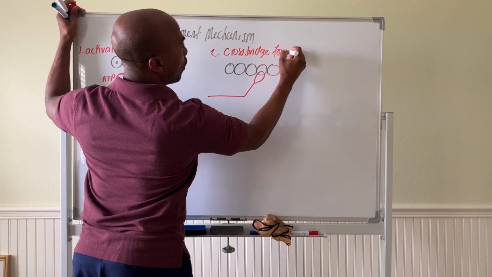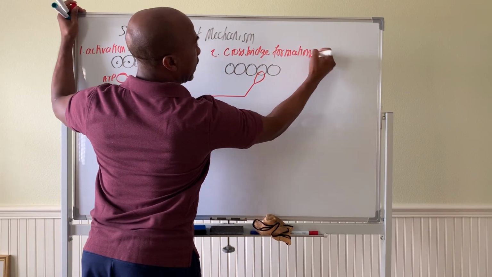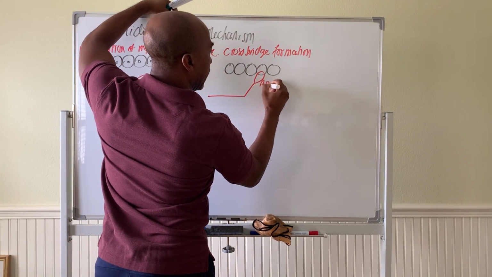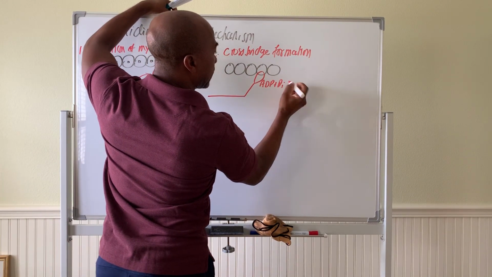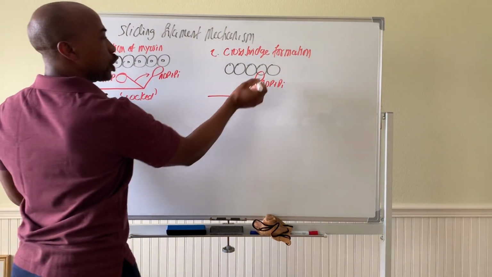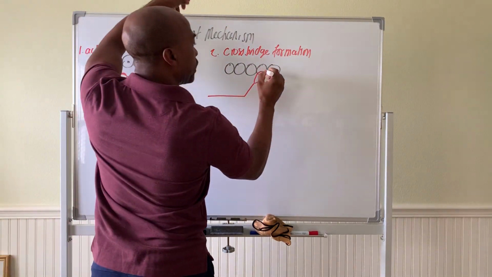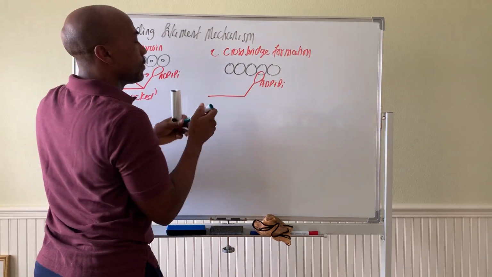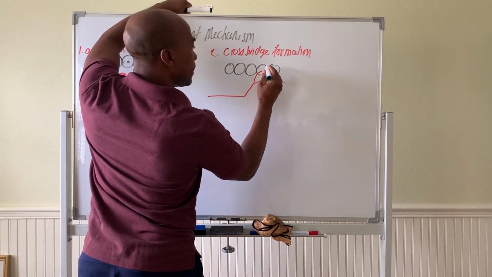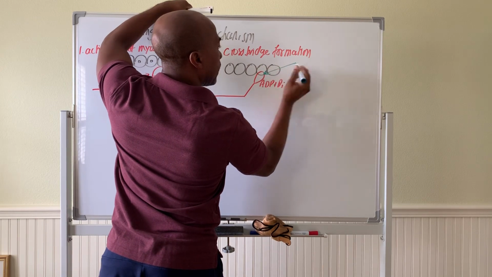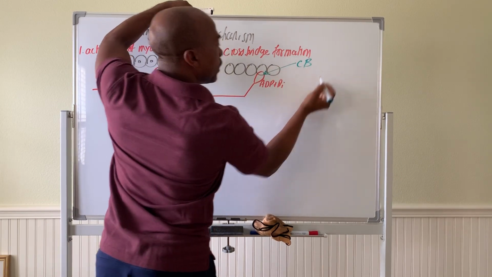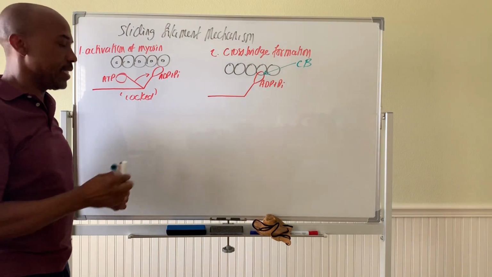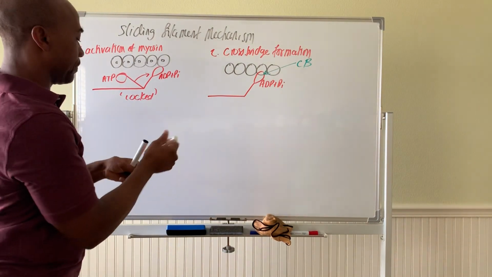Cross-bridge formation is once the head is cocked and the ADP and Pi is attached to the head, it will grab and bind. So this process of myosin grabbing actin, this is called a cross bridge. So a cross bridge forms between actin and myosin, and then we go to step 3.